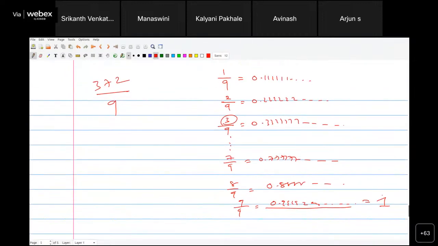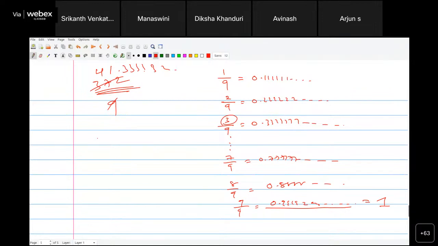Once you know this, for 372 you go to the nearest multiple of 9, which is 369. 41 point, and there remains 3 by 9, so it will be 0.3333. So 41.3333.